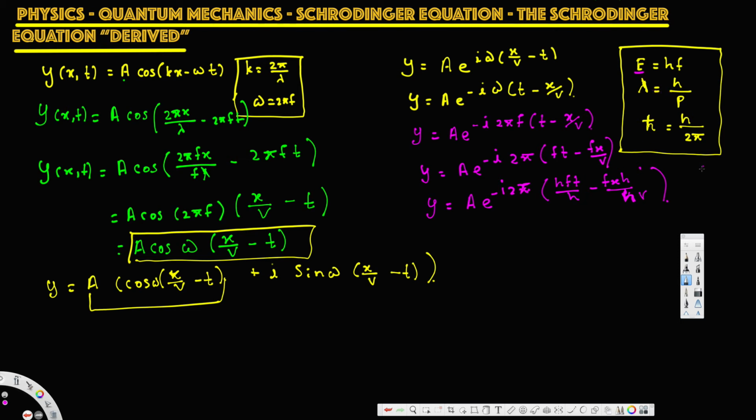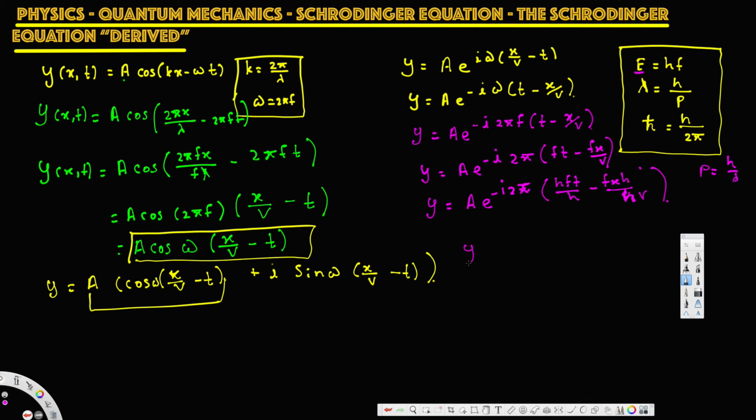Lambda is equal to h over p, which is the de Broglie wavelength equation. If we rearrange this, p is equal to h over lambda. So we have v right here, and I can replace this v with f lambda, and in that way I can cancel the f.